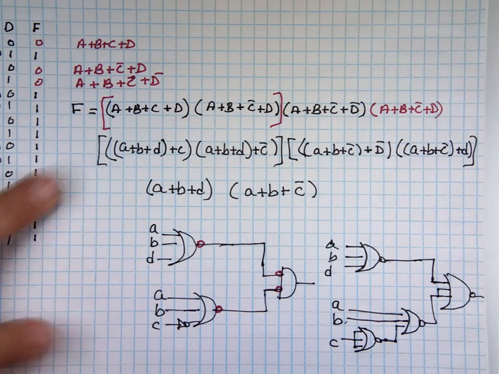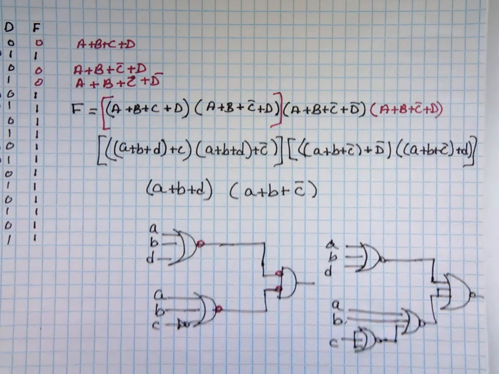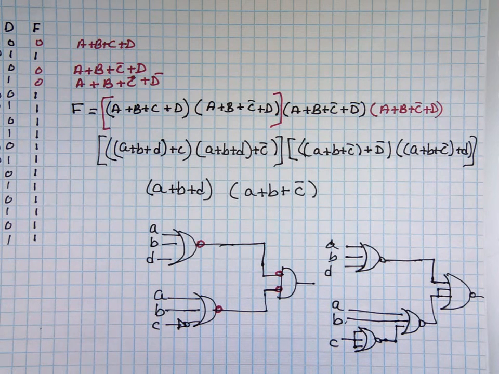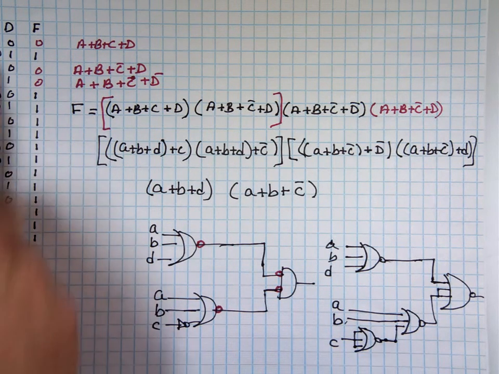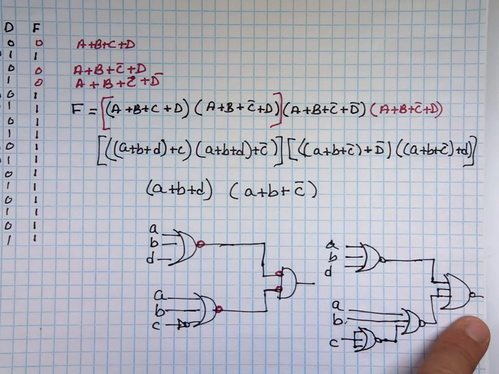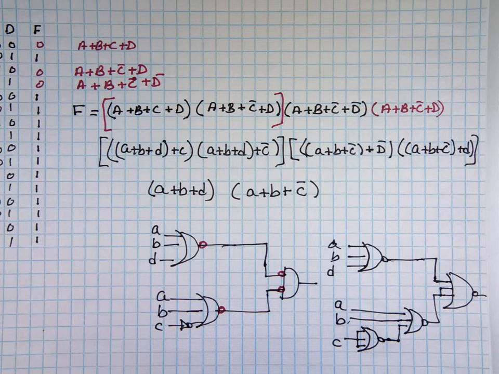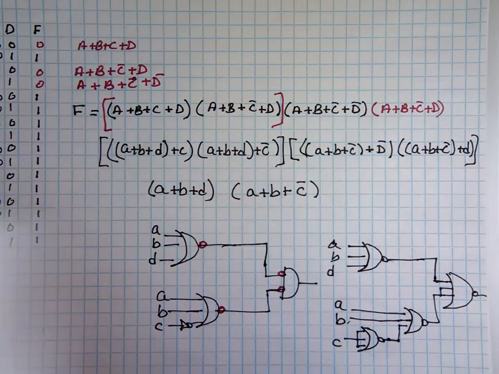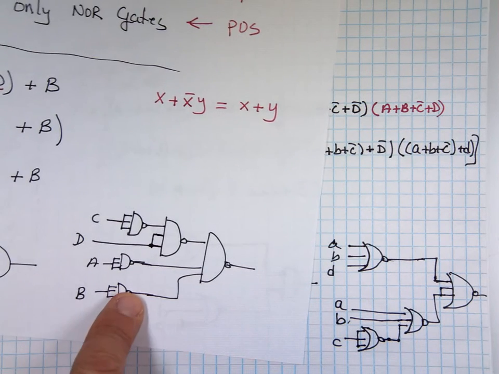If you build this or you build the previous one, your answer is not going to change. This will tell when the function is 0, which is right here. Any other combination of these, you're going to have a 1 here. So this is the same as the previous one. They give you the same function. Except it looks like I'm using fewer gates here than in this one.